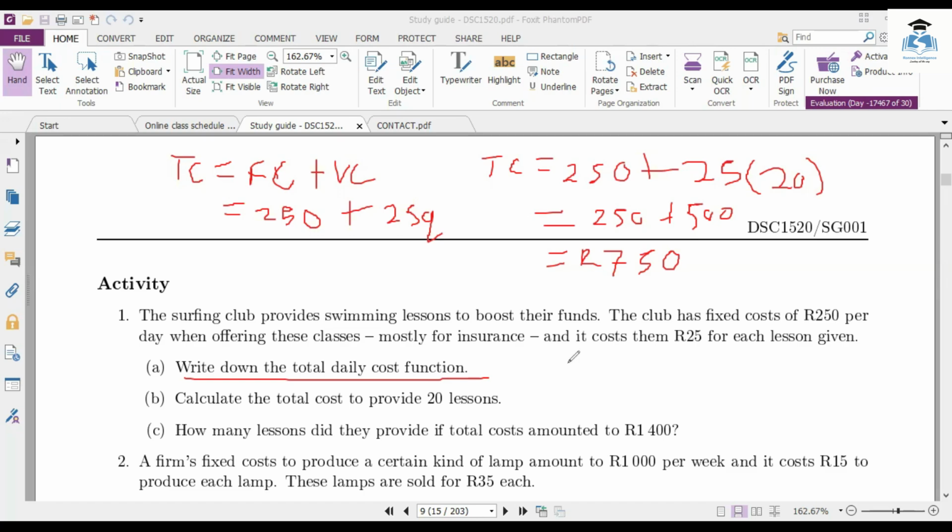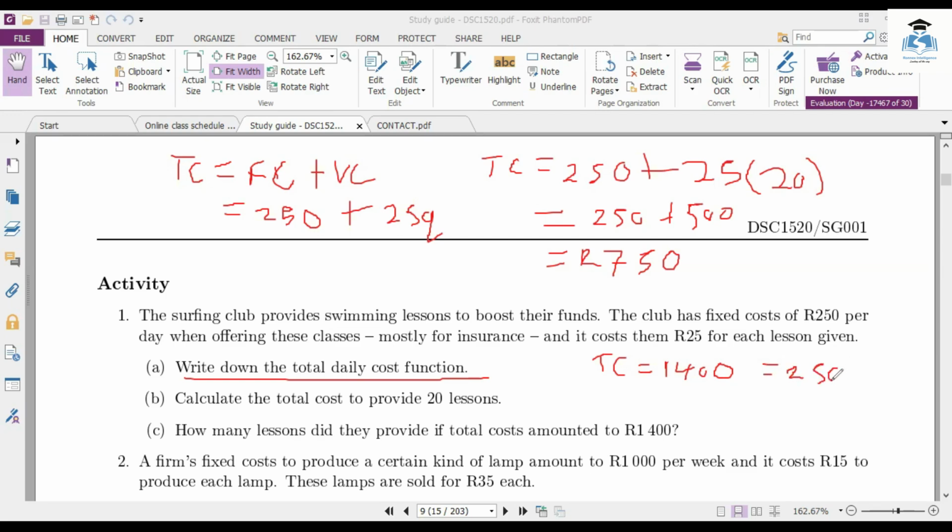TC is going to be equal to 1,400. Equals to 250 plus 25Q.